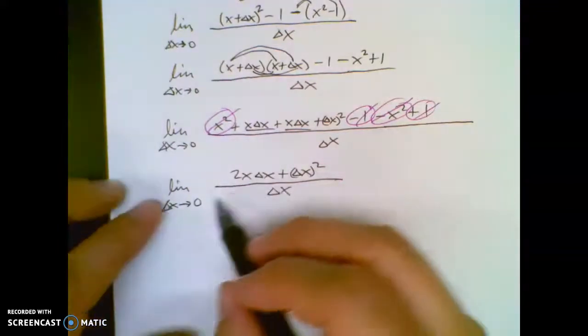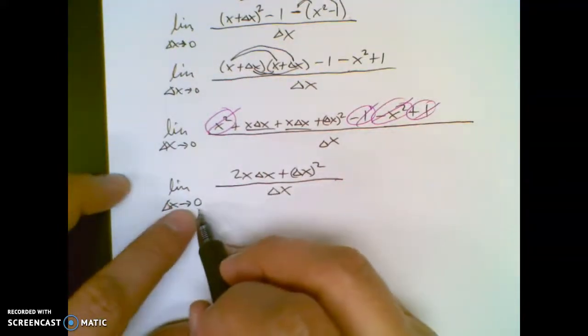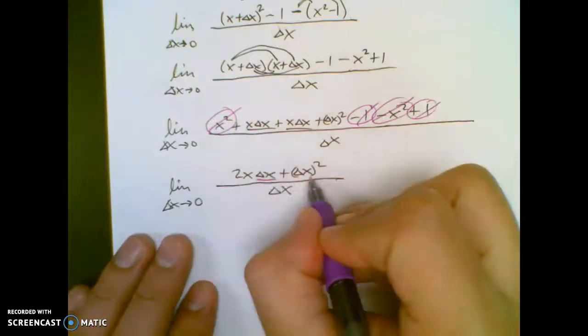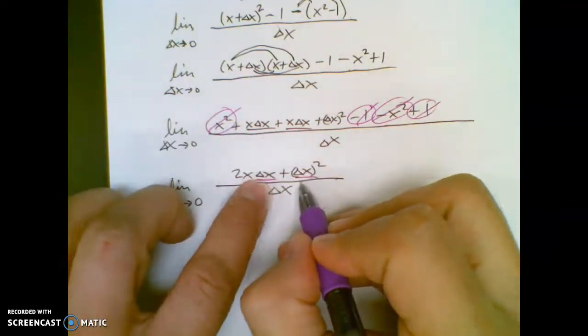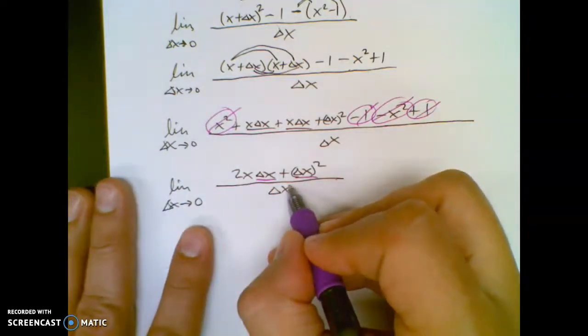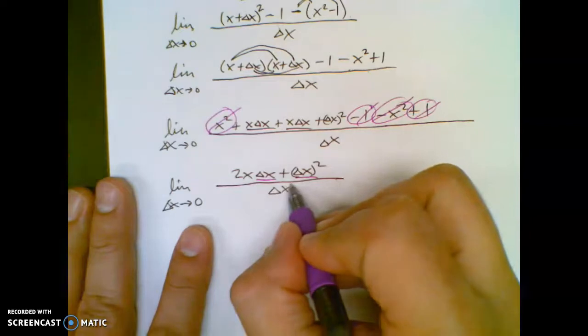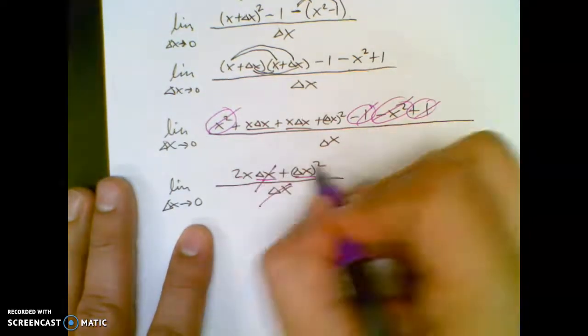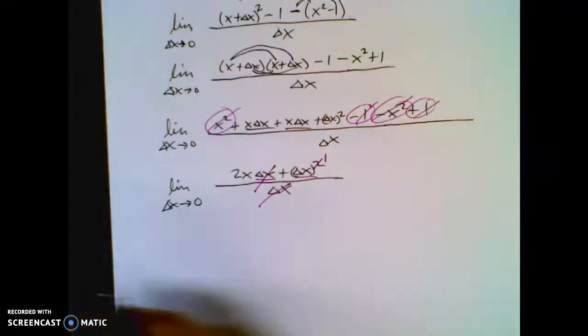Remember how my whole goal is to get stuff to cancel off so it's not 0 over 0? Well, if you notice, everything on top has at least one delta x in it, and the bottom is delta x. You can cancel off one delta x from each term. I can cancel off a delta x on bottom, I can cancel off one of these, and I can cancel off one of these.